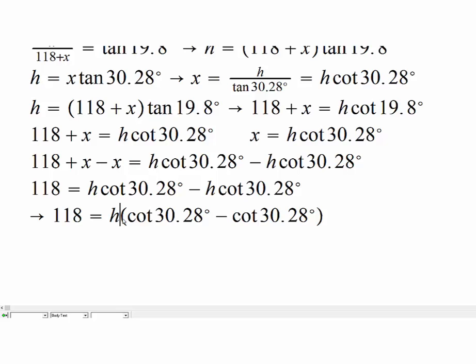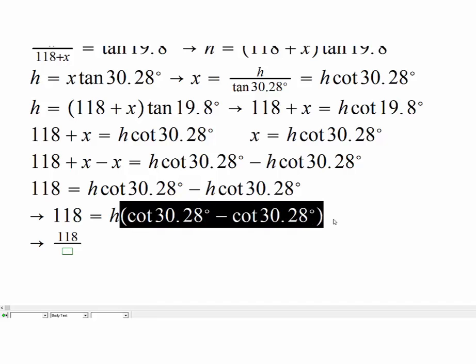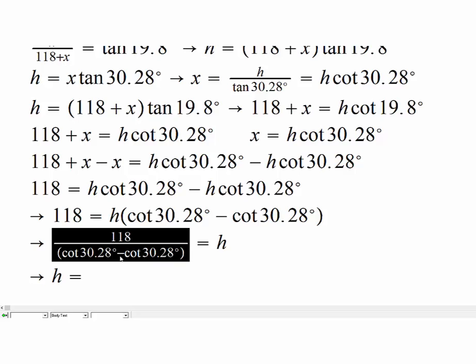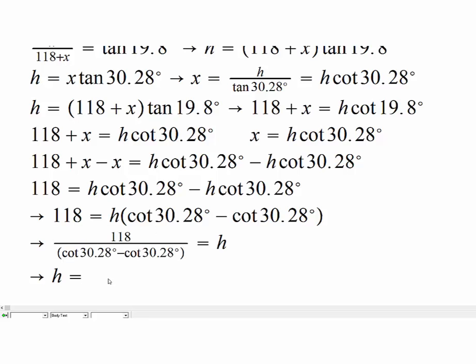Now to isolate h, I just have to divide by this quantity, and that gives me 118 divided by the quantity here is h, or in other words, h equals this quantity right here. So let's go to our calculator and obtain the value of this quantity.